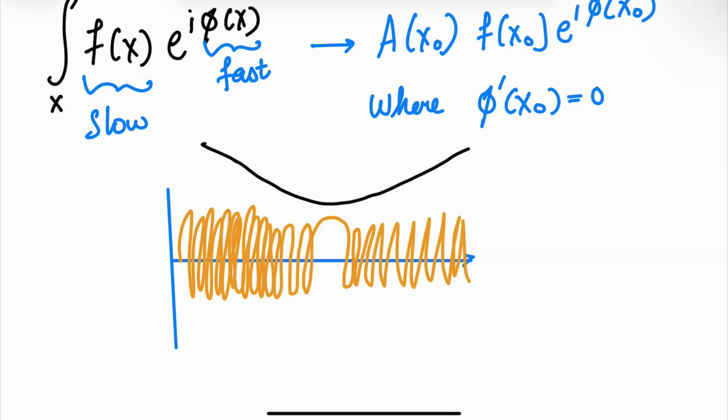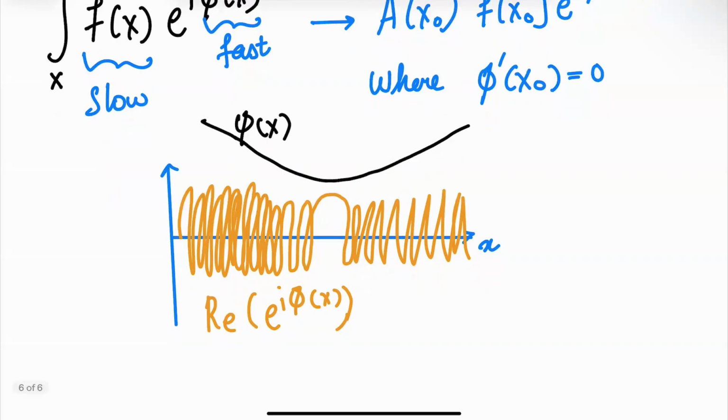So this is my x, and this is the real part of e to the i phi of x. You can also take the imaginary part, it doesn't matter. But because phi of x is varying very fast, when I put it into the exponential, you get a really fast sinusoid that slows down only when phi of x slows down and becomes essentially stationary.